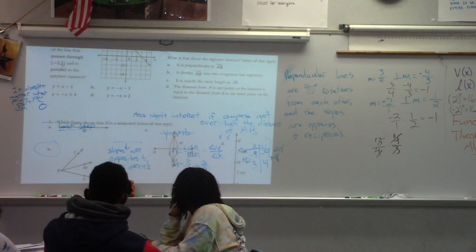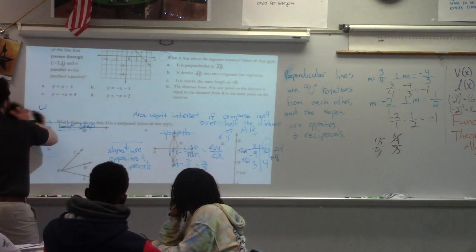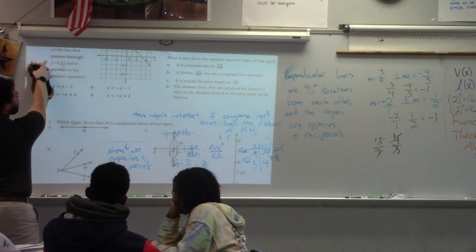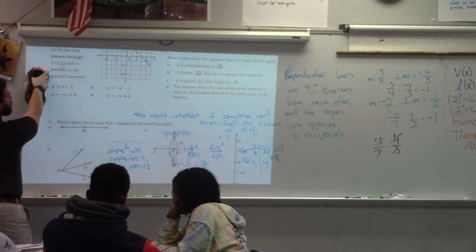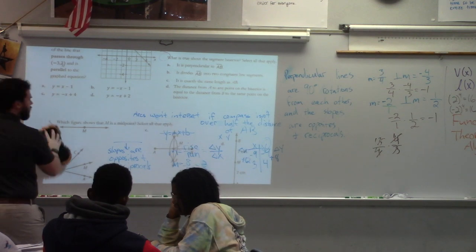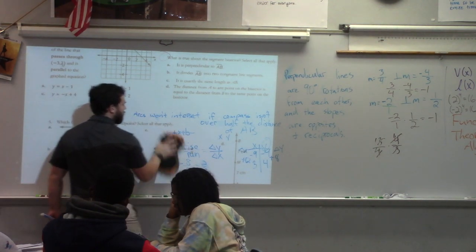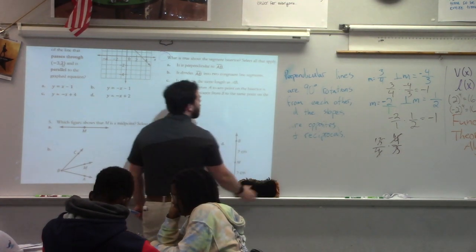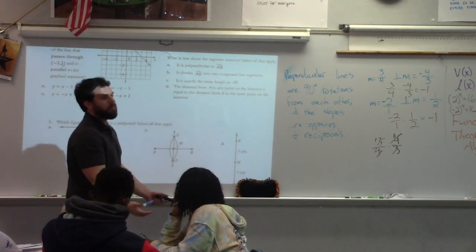All right, number 3, which I don't know why I cut off the number up there, but oh well. So we're trying to find the equation of a line that passes through negative 3, 2 and is parallel to the graph equation. Is that right? I think so. I think that's what it says up there. So what do you need to know?